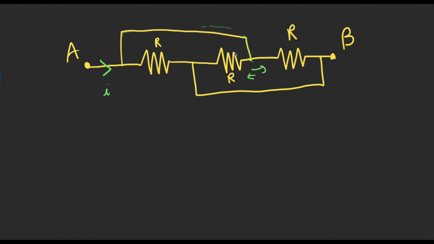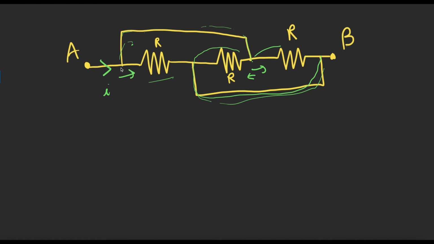And if it takes this path, then there's a resistance of R and no resistance still here. So that's resistance R if it takes the left path, and if it goes directly over here, that's resistance R on the right path. So these both are equally likely because in this path the total resistance is R. Similarly, if instead of going on the loop over here, it goes straight and then gets shorted over here, then also the total resistance is R in this path.